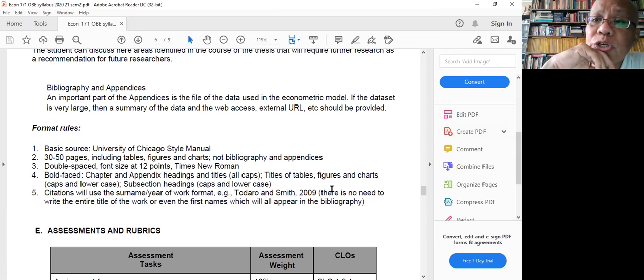Sa appendix nyo, importante na you place there the data that you used in your econometric runs. Okay? You have your table there in data form, your data in table form. Table ha, hindi graphs, charts, and like. Para nakikita doon yung GNI of the Philippines, GNI per capita.